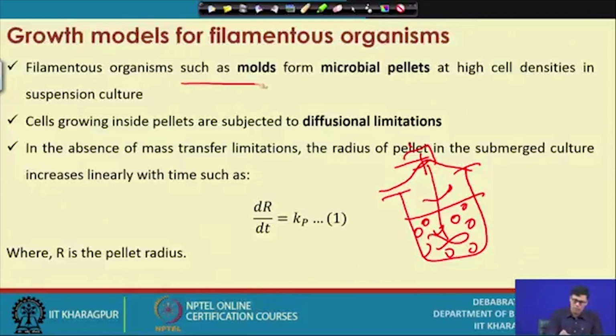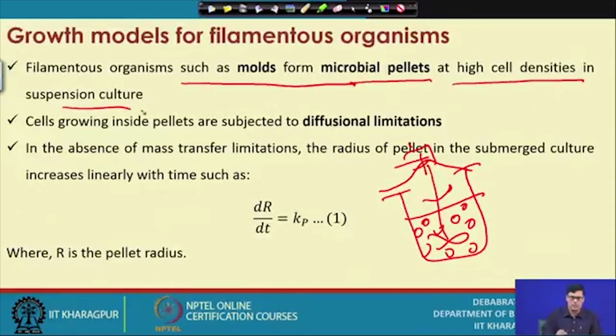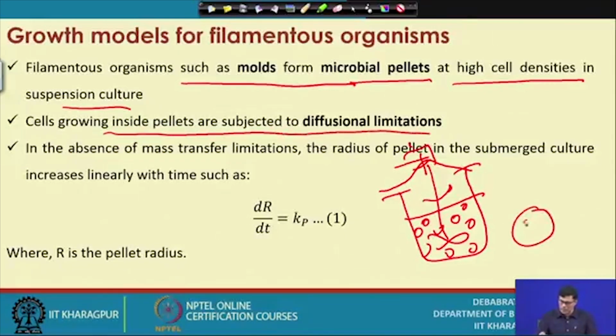The filamentous organisms such as mold form microbial pellets at high cell density in suspension. So under submerged condition, they form the pellet. Now cell growth inside the pellet is subject to diffusion limitation. Obviously, when there is a pellet, the diffusion of the substrate inside the pellet is a problem.